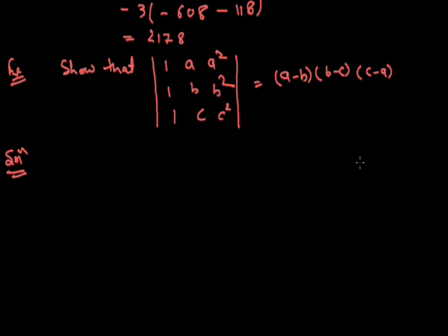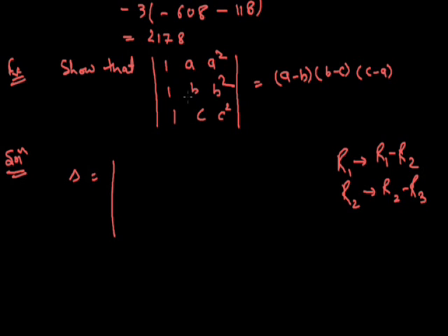So apply the operation: R1 changes to R1 minus R2, and R2 changes to R2 minus R3. R1 minus R2: 1 minus 1 is 0, a minus b, a square minus b square.